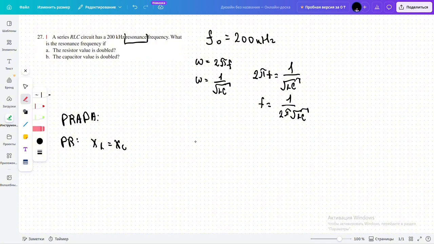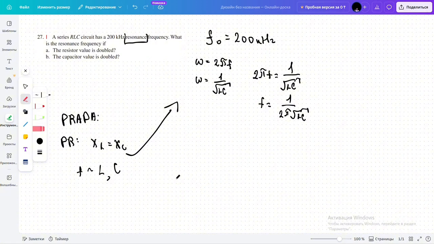The key pattern here is that the frequency depends only on the inductor and capacitor. So the resistor is part of the circuit, but it doesn't actually dictate the timing of the oscillation.